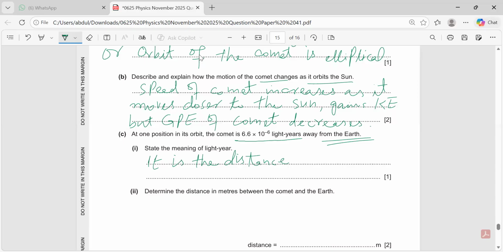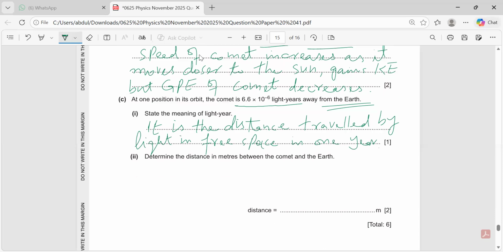So it is the distance traveled by light in free space in 1 year.